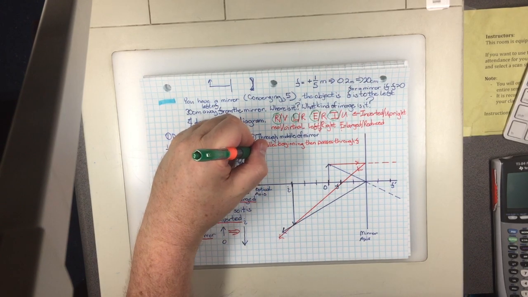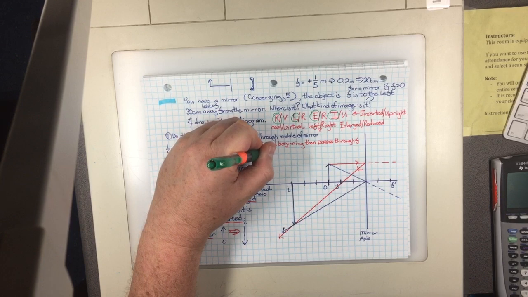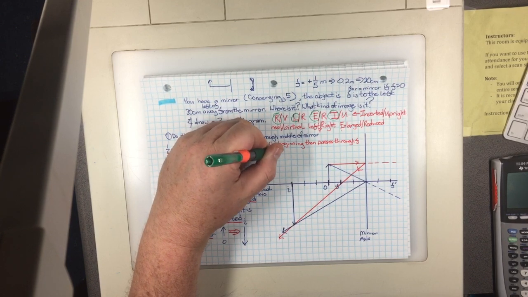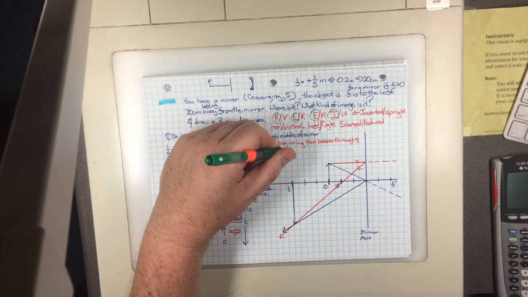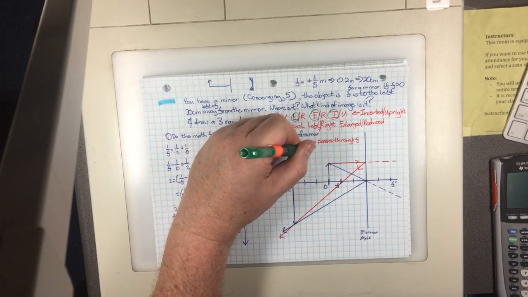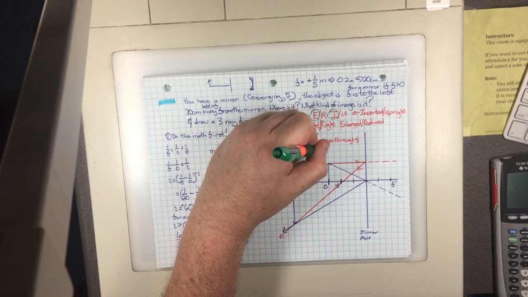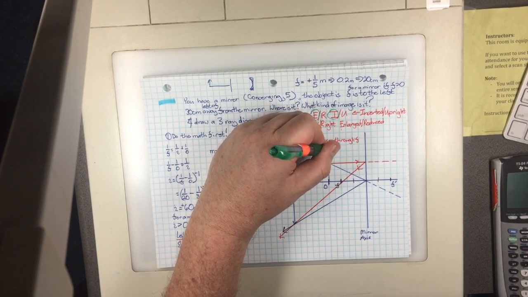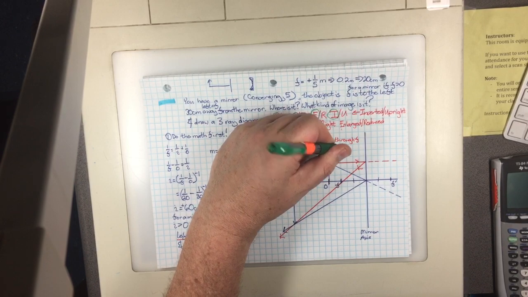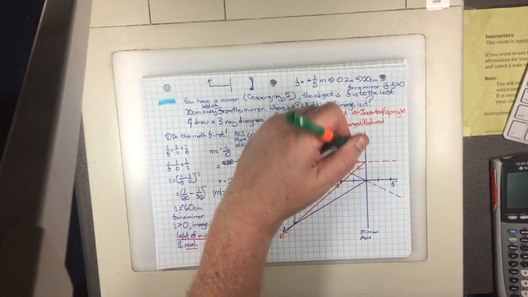The third ray goes through F or F prime and becomes parallel.